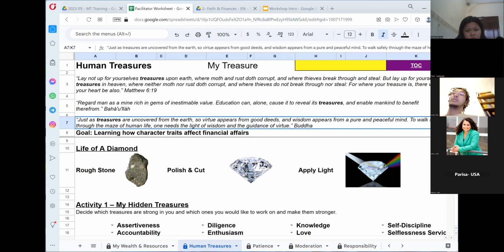But even a perfectly polished diamond in a dark room, we can't see. When you go to a jewelry store, you notice all these bright lights shining on the diamonds. That's when we see the colors of the rainbow shining through the diamond.